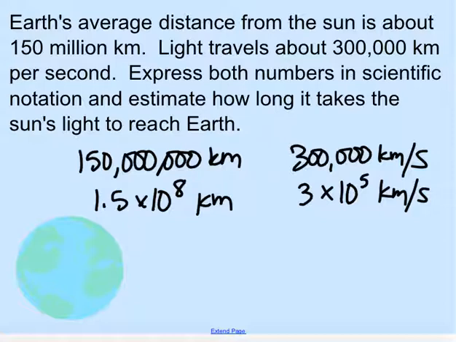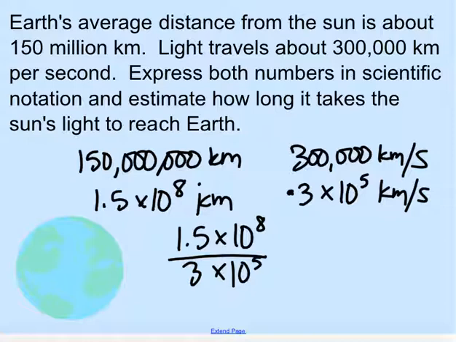Well, when we do this, we're saying we have this big, long distance, and I want to know how many of those kilometers per second I can get into this one. So I'm going to do 1.5 times 10 to the 8th over 3 times 10 to the 5th, which means I'm going to get, well, 1.5 divided by 3 is 0.5 times 10 to the 3rd.